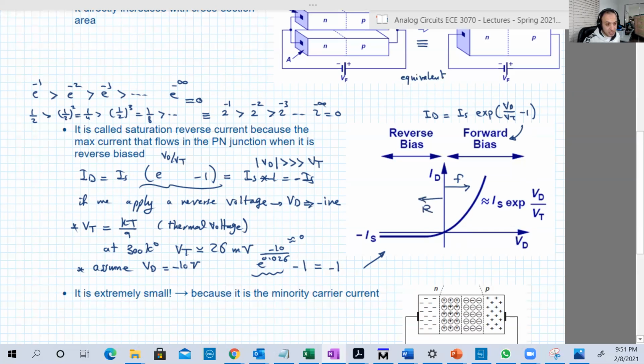And just forget about the forward part. Just look at the reverse part now. In the reverse part, you will notice that whenever we are negative, the current is constant, equal to minus IS.